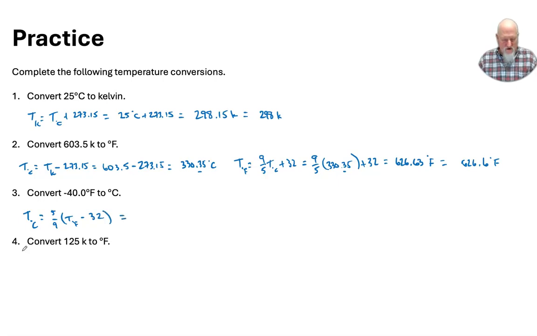Remember, you do the subtraction first and then multiply by 5/9. So 5/9 times -40 plus 32. So that's going to be -40 plus 32 is -8. So we're going to get 5/9 times -8.